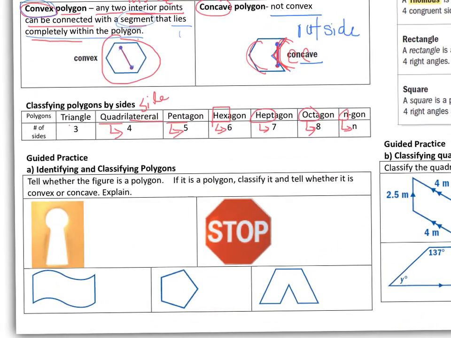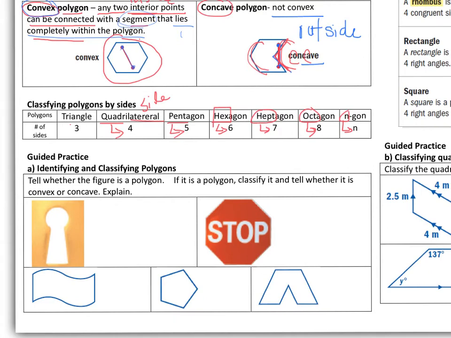Okay, let's do some practice problems. The instructions here: we need to identify and classify the polygons. We need to do 2 things. Tell whether the figure is a polygon by writing yes or no. If it is a polygon, then classify it and tell whether it is convex or concave.